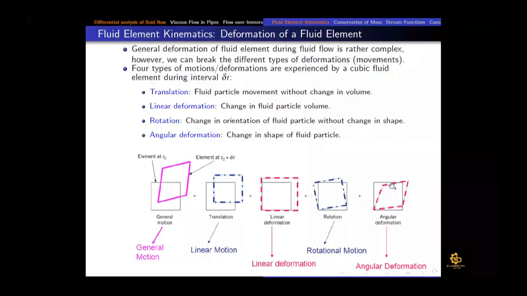Okay? Muhammad Umair Khalid, and rotation and translation, if you see, these two types of deformation are rigid body deformation, that is, the whole body has been either translated or rotated, but the shape and the volume haven't been changed for both the translation as well as the rotation. But in linear deformation the volume has been changed, and in the angular deformation the shape of that element has been changed.